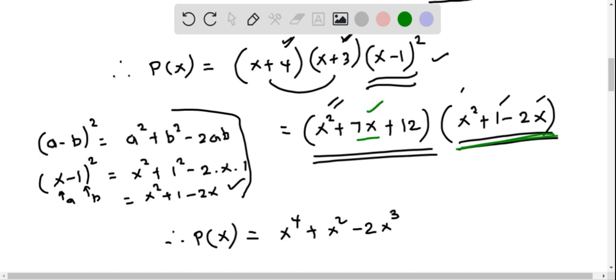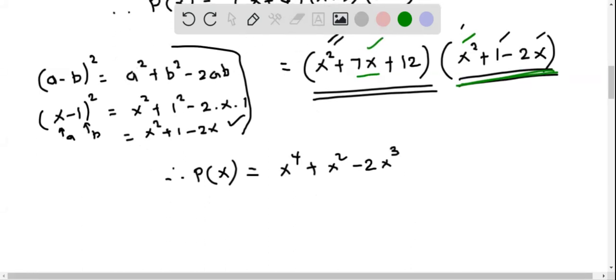So 7x times x squared is 7x cube. I'm going to put below this x cube term, and then 7x times 1 is 7x, so I put this 7x separately, and then 7x times negative 2x, we have to multiply the numbers, that is 7 times negative 2 is negative 14x squared, so I put this below the x squared term.